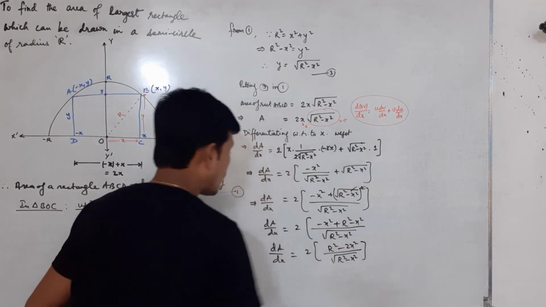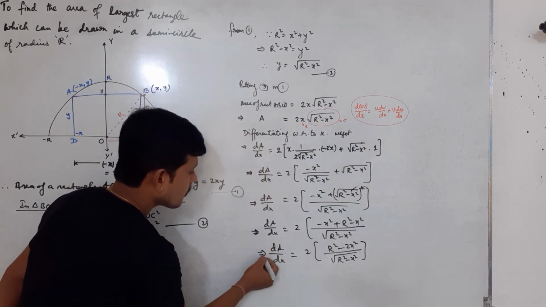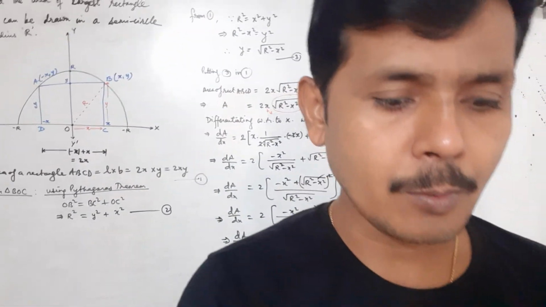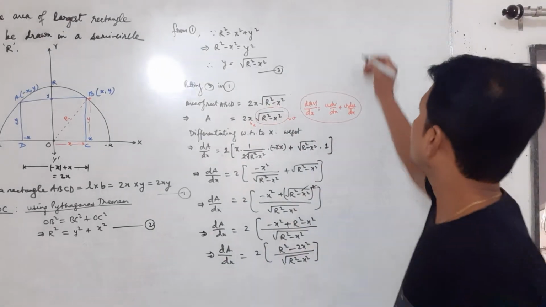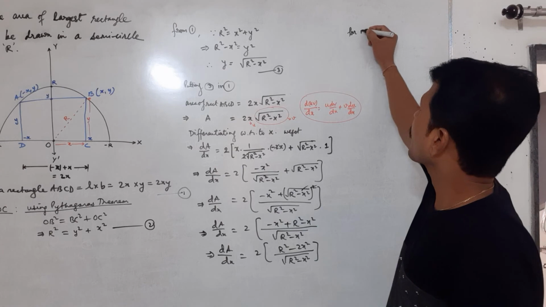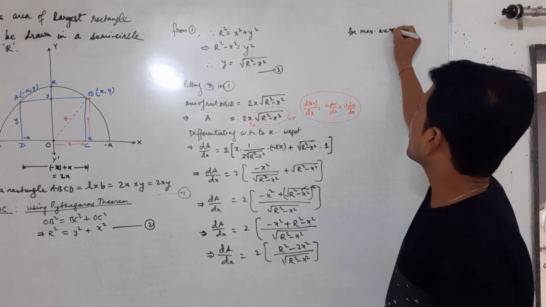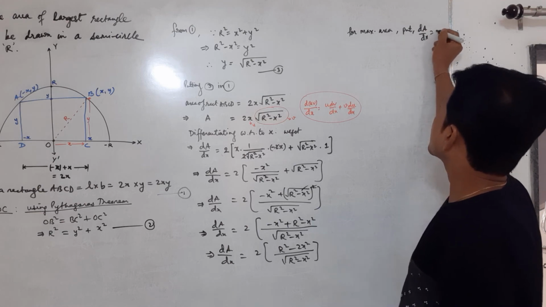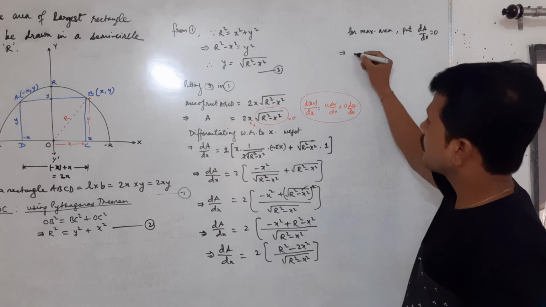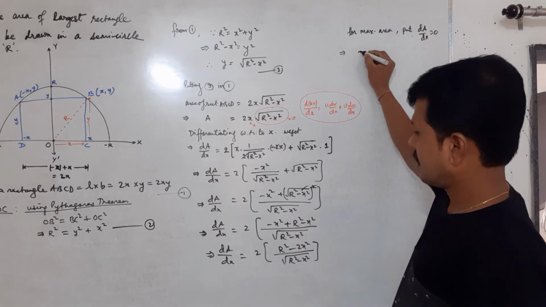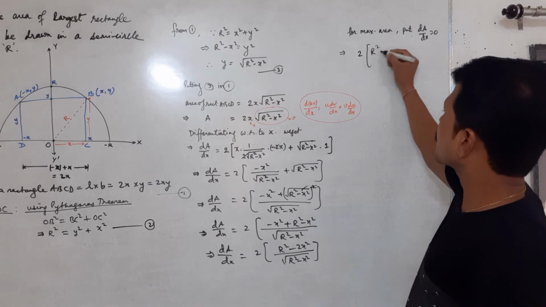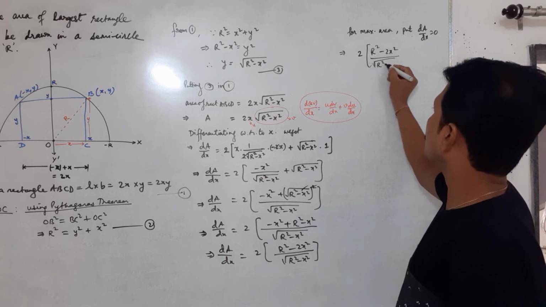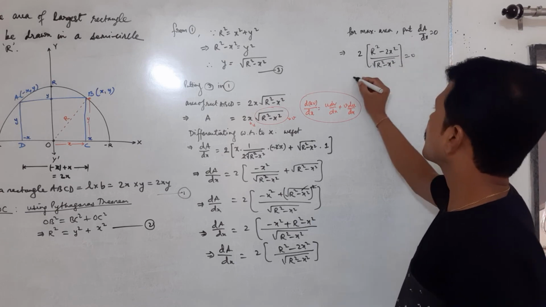Got it? Now, for the maximum area, we have to put dA upon dx equal to 0. We'll look over here. 2 times r square minus 2x square divided by under root r square minus x square is equal to 0.